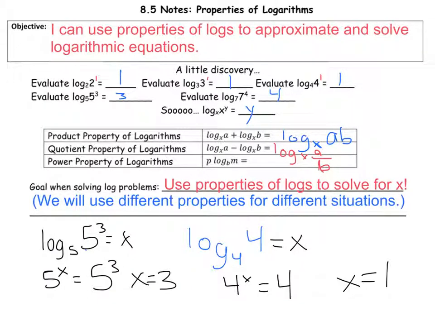And then we have the power property of logs, and what that means is if I have something in the front, so for example, there's a p in the front of this log, we can move that and make it an exponent. So we would actually write this, if we were going to be doing that, as log b of m to the power of p. And these are properties that we're going to be using to actually approximate and solve logarithmic equations today.